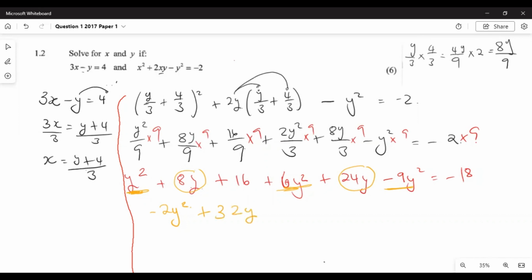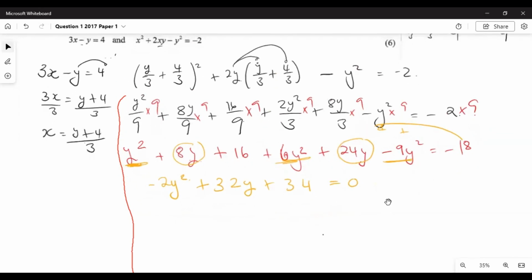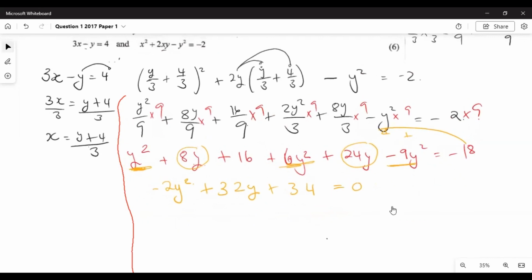And then we can go ahead and move this to the other side, making it a positive. We will have 16 plus 18, giving us 34. We can go ahead and divide by the common factor. Here we can clearly see that 2 is a common factor. So let's divide by 2 everywhere.